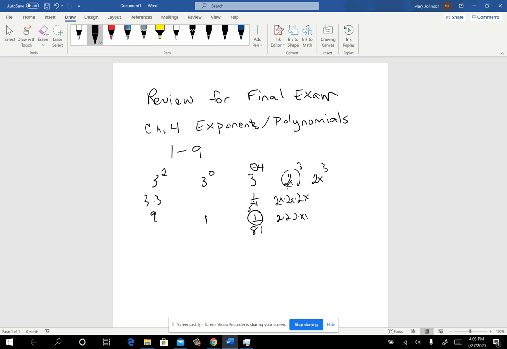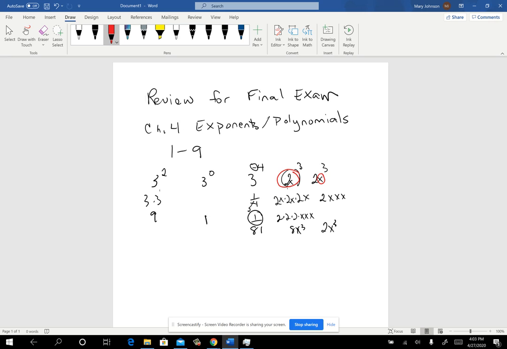So that really turned into 8x to the third. Okay, where the other one really meant just a 2 with 3 x's. And so there wasn't really any way to simplify that anymore. That was already fully simplified. So it had to do with the base of the exponent there versus the base here.